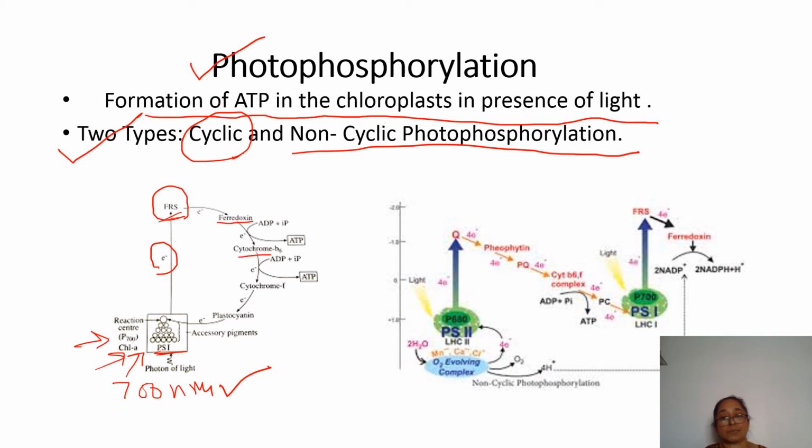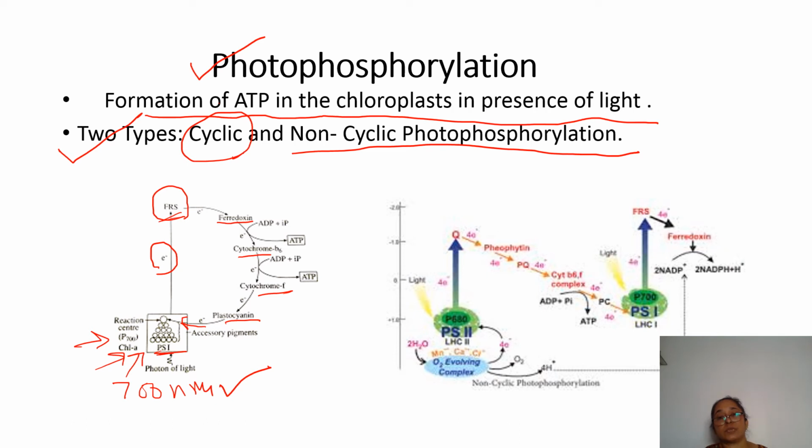Further electron acceptors are there: cytochrome F, plastocyanin. Fine. And ultimately, after this plastocyanin, the electrons go back to the photosystem. Here you can see this is back to photosystem 700 nanometer. So thus the flow of electron is in a closed circuit.